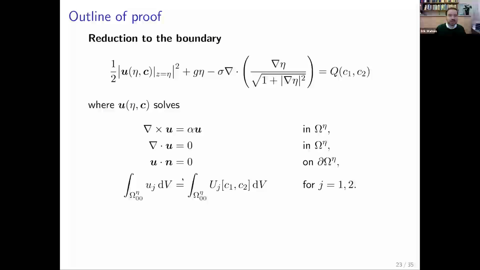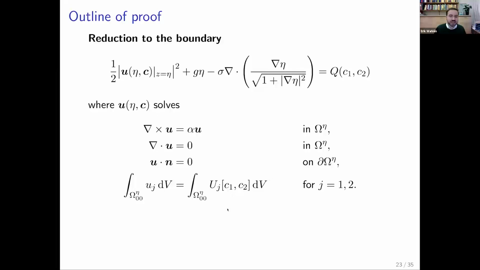Okay, so let me give you a brief outline of the proof. So the idea is to make a reduction to the boundary, similar to what has been done in the rotational setting. So we do that by solving first these equations for U and then plugging them into the Bernoulli condition.